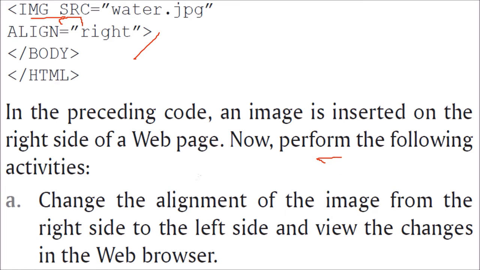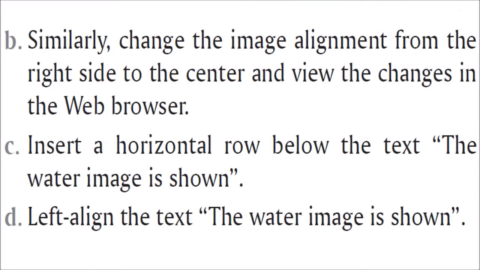Now perform the following activity. Change the alignment of the image from the right side to the left side. So from here, where it says right, you give left. This is how you give. View the changes. Just refresh your web page. Next is change the image alignment from the right side to the center. So where the right or left was there, give center.